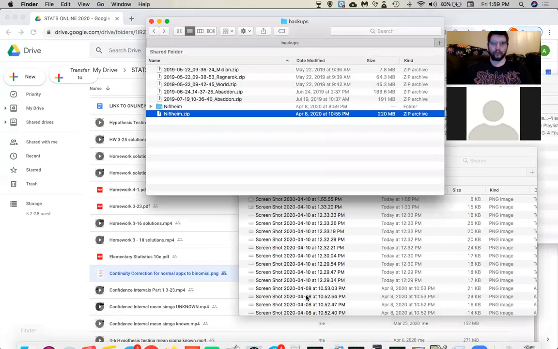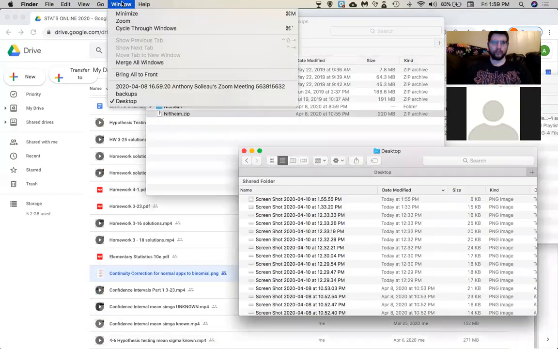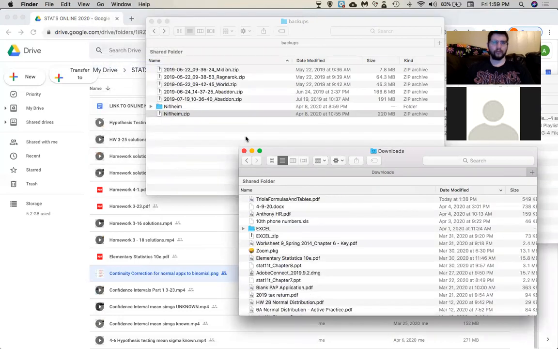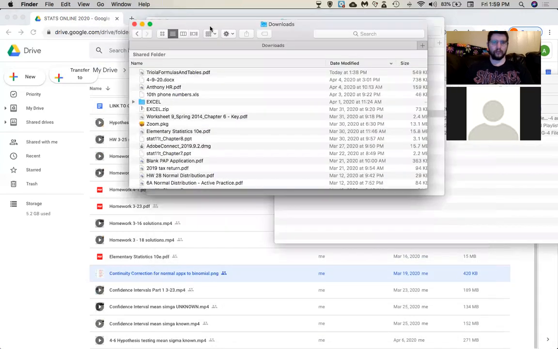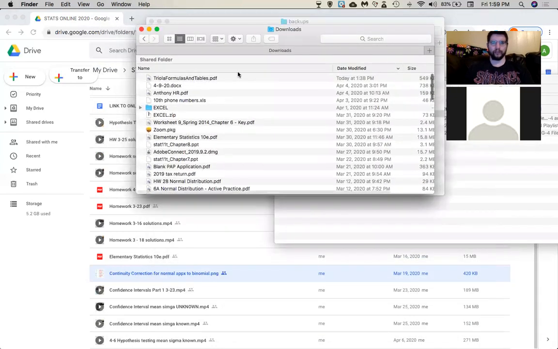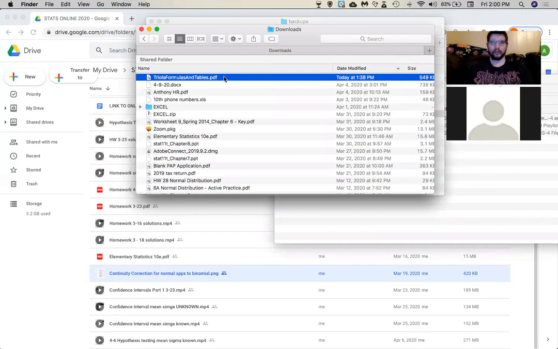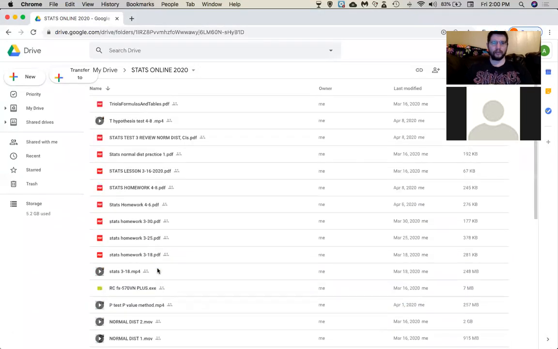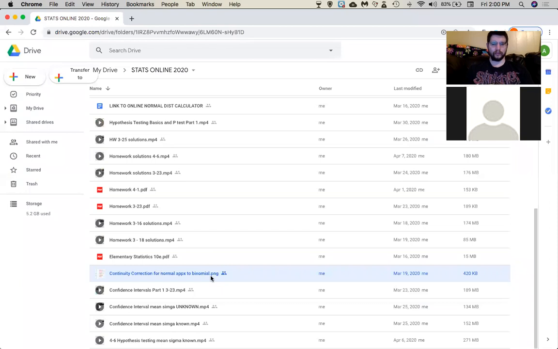Yeah, we should be able to open it from download. That's not what I downloaded. Okay, weird. That's okay.